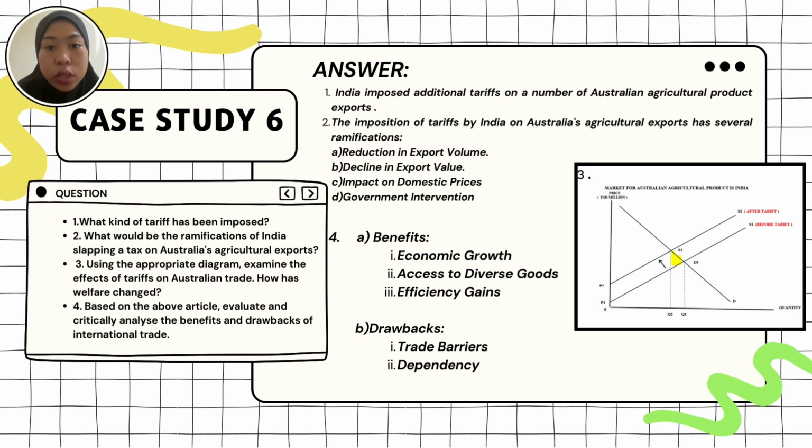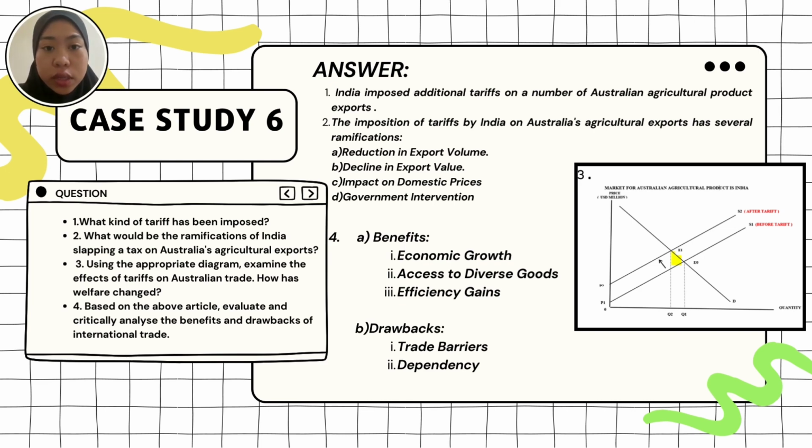The imposition of the tariff has led to a reduction in consumer and producer surplus, and the creation of deadweight loss, which is loss of economic efficiency. When a tariff is imposed, the price of goods increases and the quantity of goods decreases, leading to a loss of welfare in both the importing and exporting countries.